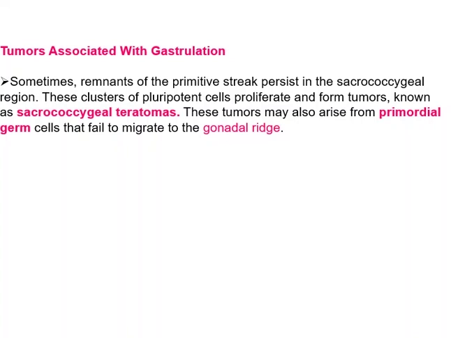If you remember from the lecture on gametogenesis, primordial germ cells migrate from the yolk sac to the primitive gonad or gonadal ridge. Failure of migration may also result in a tumor, as well as association with gastrulation or abnormality in gastrulation in this topic.